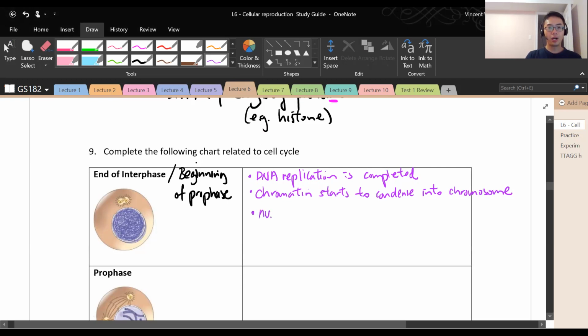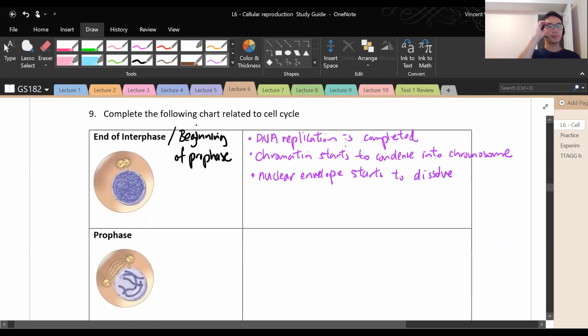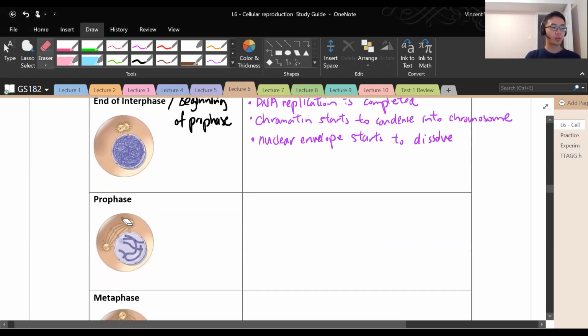And then the nuclear envelope starts to dissolve. By the time we finish with prophase, the nuclear envelope would be completely dissolved towards the end.